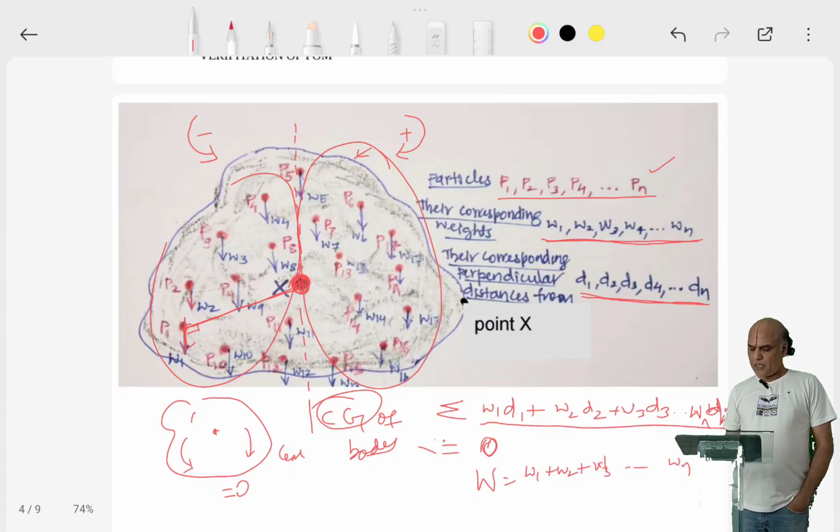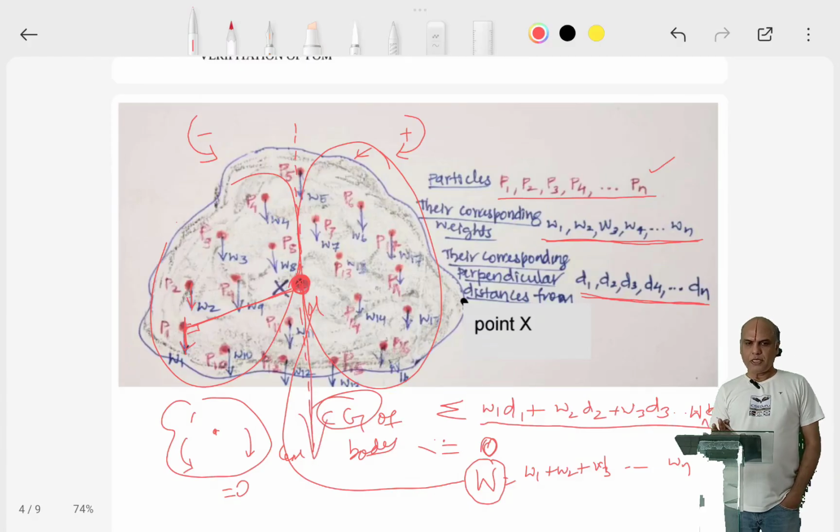If W is the collective weight of such a body, then this weight can be considered as a point weight acting at Cg. So if you consider the weight of this whole body to be acting at some point, that would be your Cg.